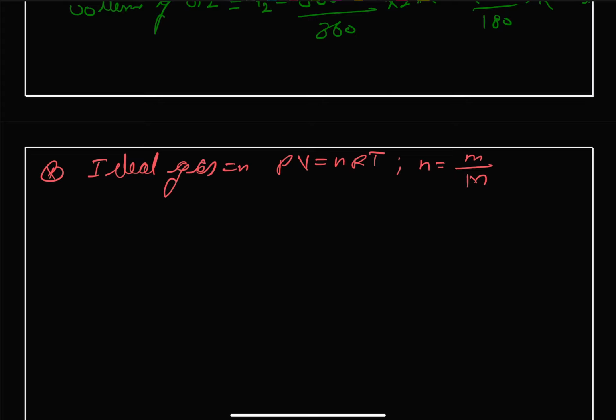For gas 1, the number of moles is n1, its actual mass is m, and the molar mass is M1. So we get this as m upon 32.